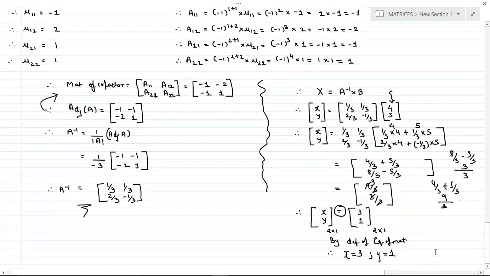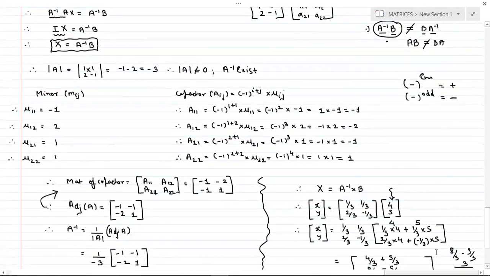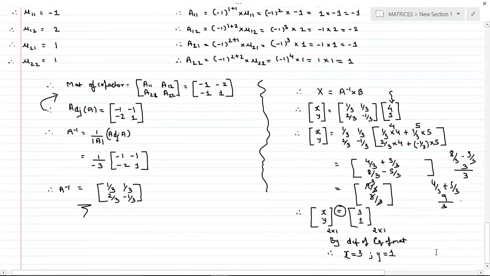So this is all about the inversion method. Okay, so it is very simple. Simply, anyhow you have to find A inverse. Now there are two ways in which you can find A inverse: by using the adjoint method, or else by using the elementary transformation method.